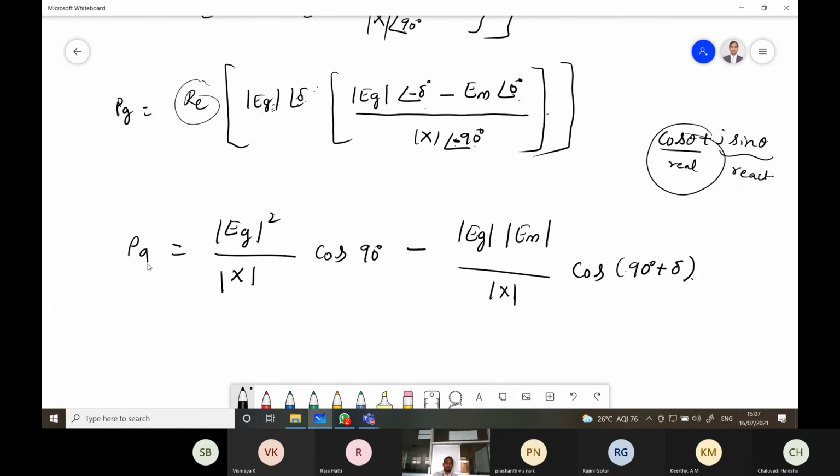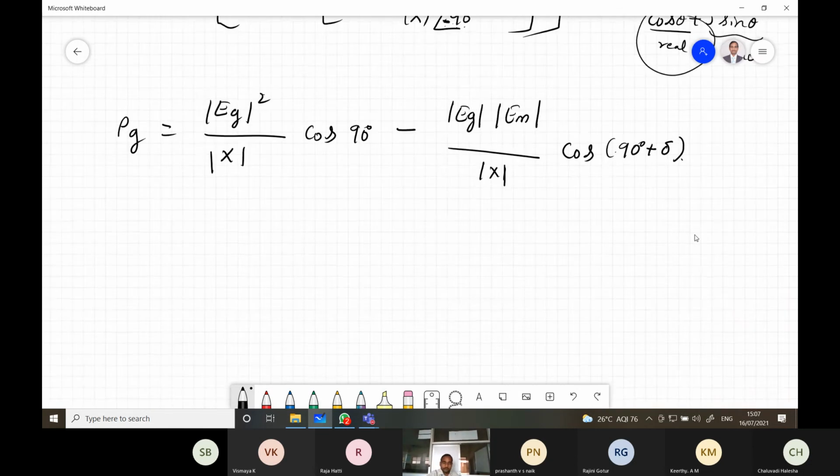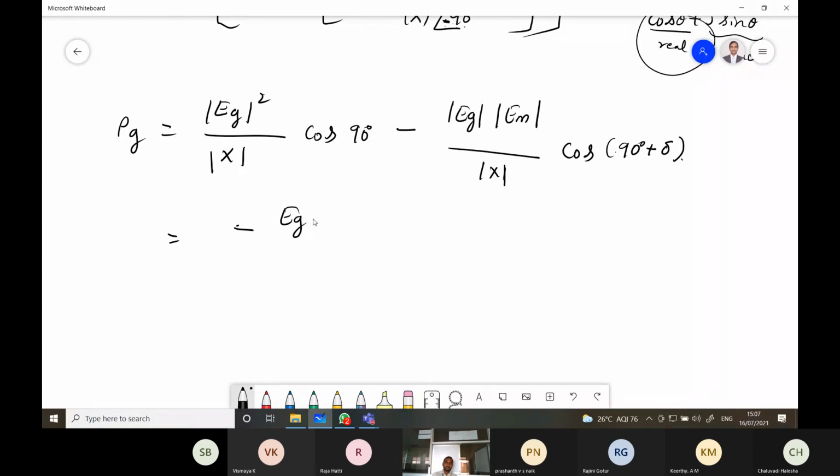So this is your PG. This becomes 0, since cos 90 times this product is 0, and the remaining term is minus EG into EM divided by magnitude of x, cos of 90 degrees plus delta, which is equal to minus sin delta.